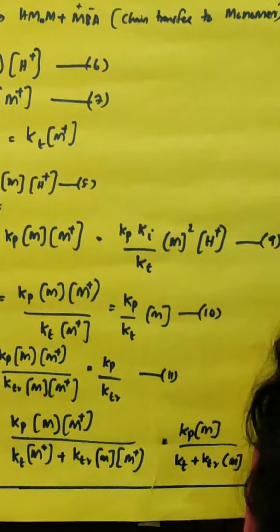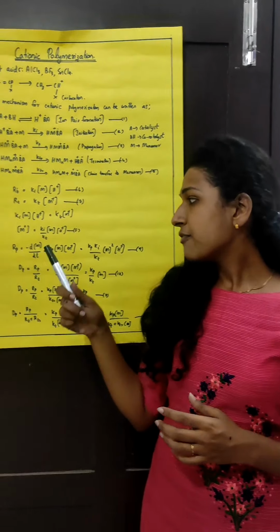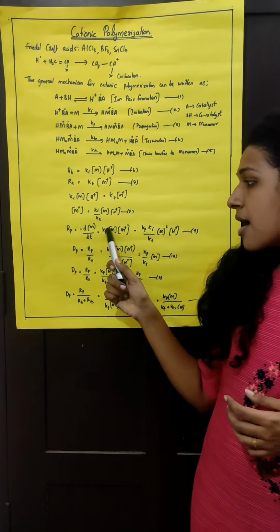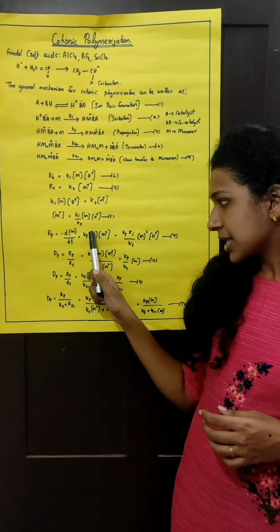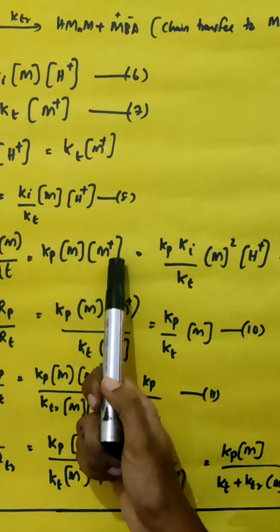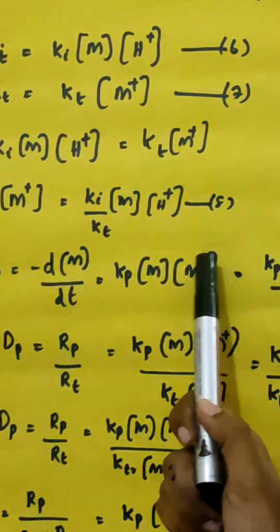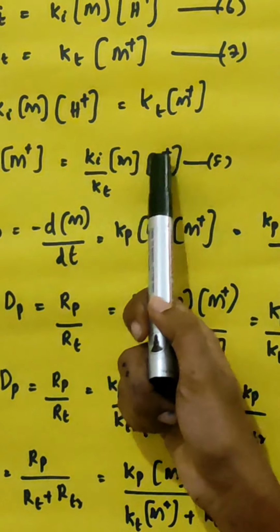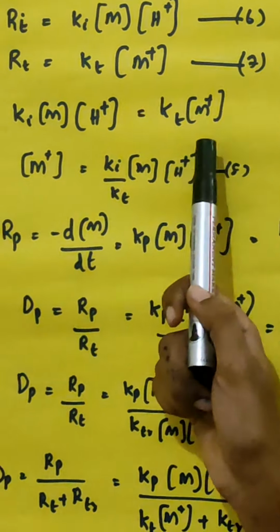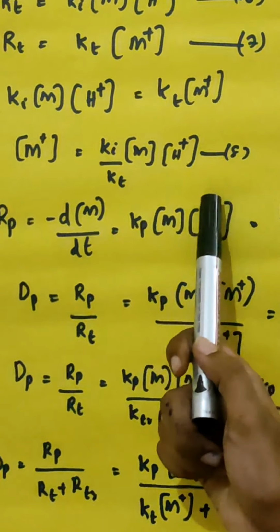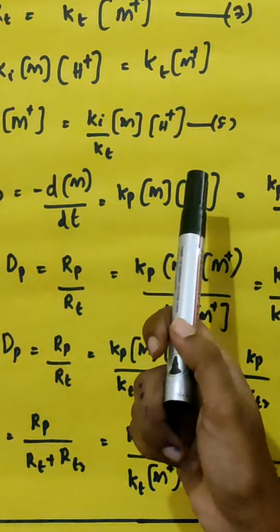So next is the rate of propagation. We can find the rate of propagation by this equation, that is Kp into the concentration of M into the concentration of M+. We know the value of M+ from equation number 8, which can be substituted into this equation.